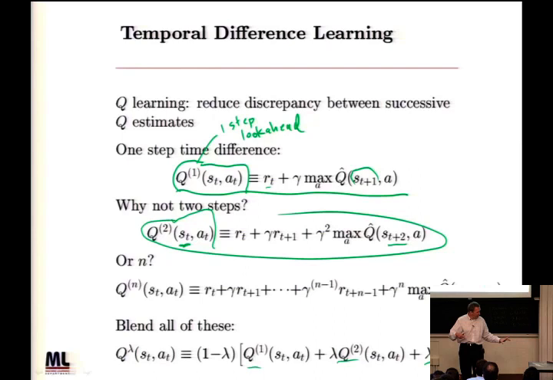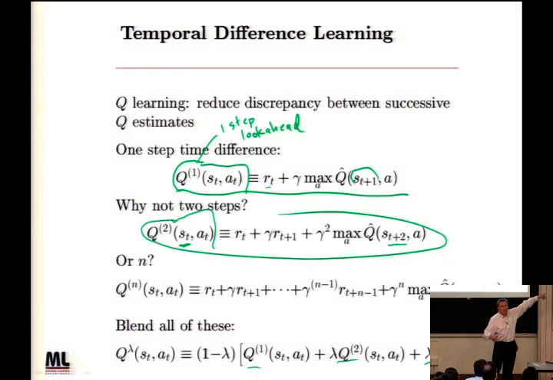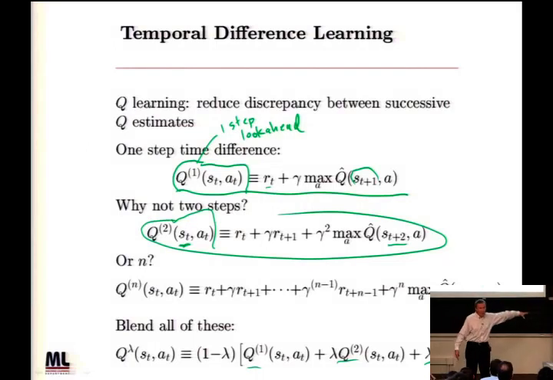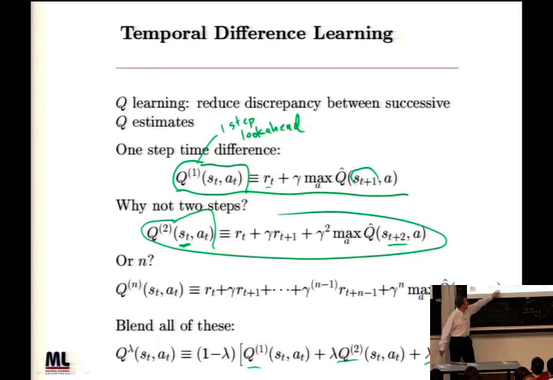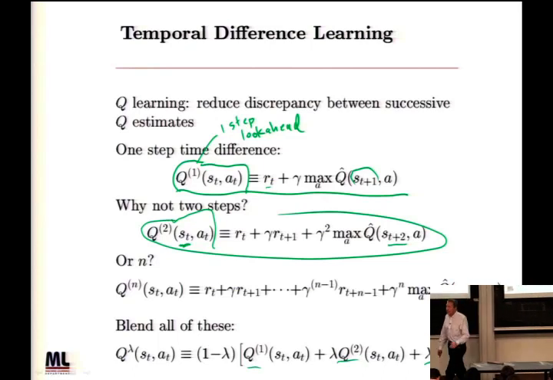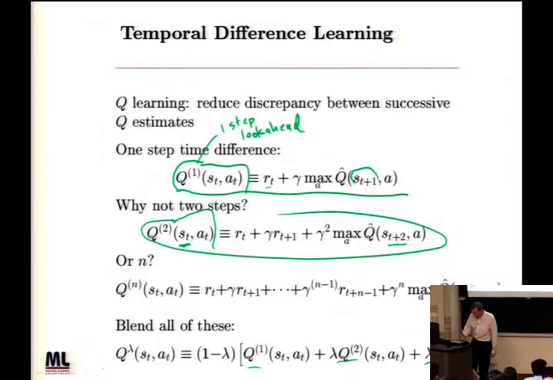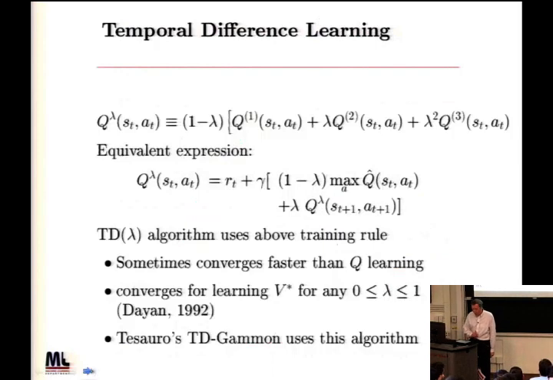Well, I can update the previous one, but also that one 2 behind. And that's the Q2 update. Now I get to the third one, I can do the Q3 update on that very first step. And in fact, I can blend them. And if I blend them this way, we get an algorithm called TD lambda, which in fact also converges.